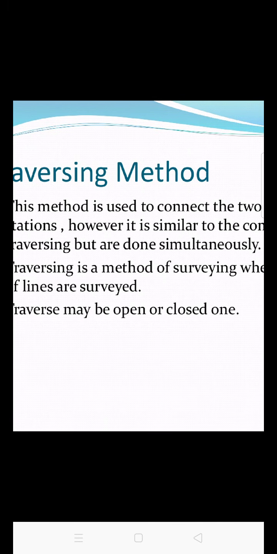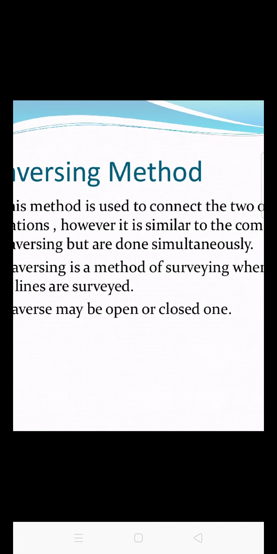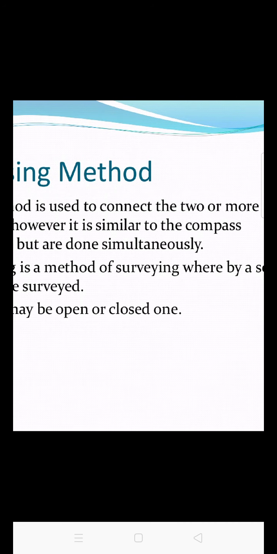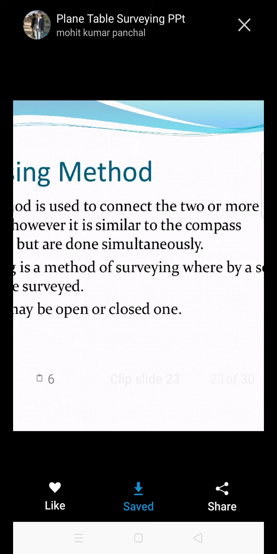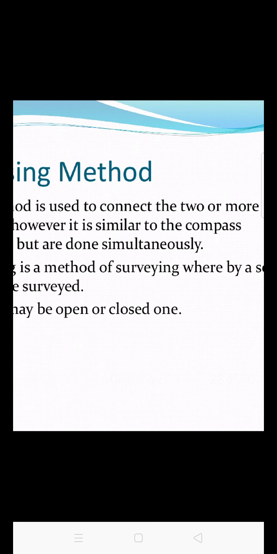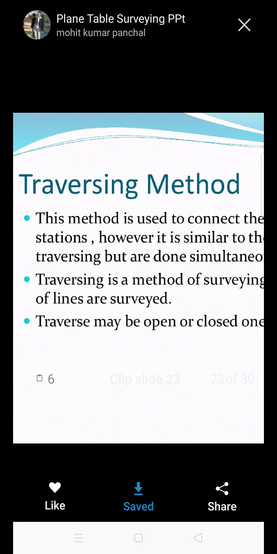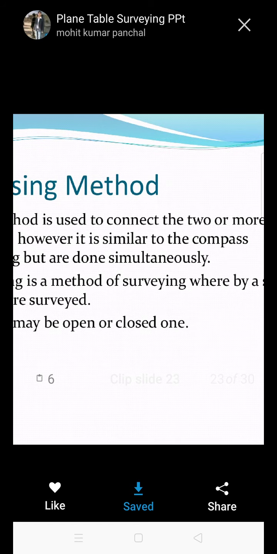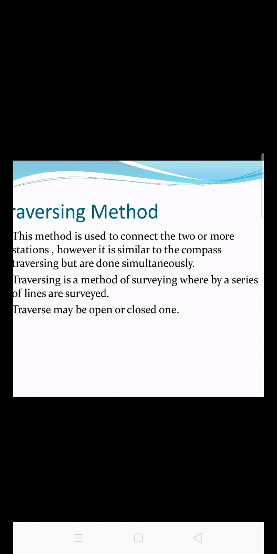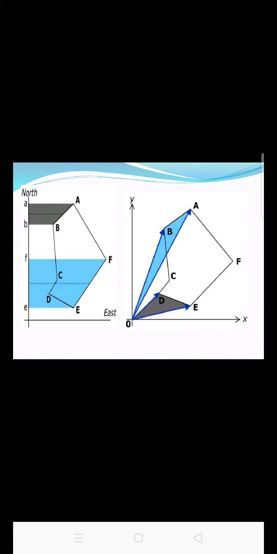In this method, by selecting stations more than 2, the traverse is run around the building, and the object to be surveyed is plotted on the sheet, as we have carried out in plane table surveying. But in this case, by the combination of radiation and intersection method, you have to locate the object. That is the traversing method.